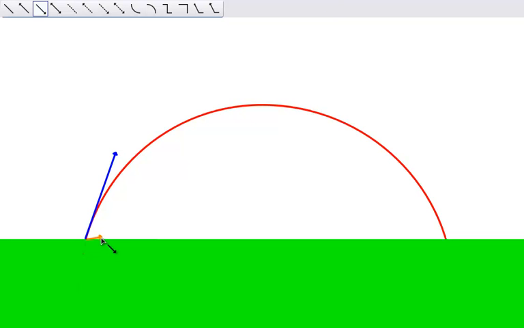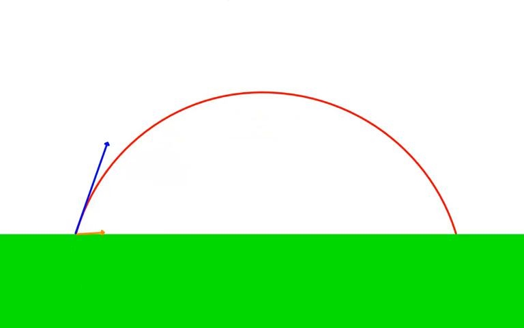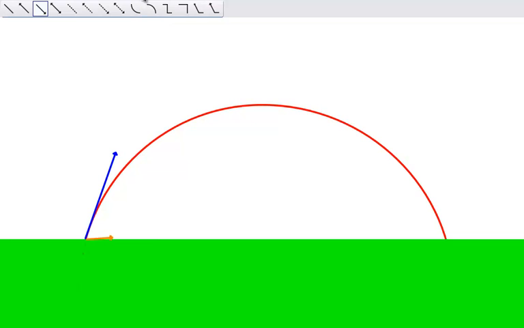So if we draw a little vector here to represent our x velocity, and we draw a vector here to represent our y velocity. Oops, wrong way. Okay, that's better.